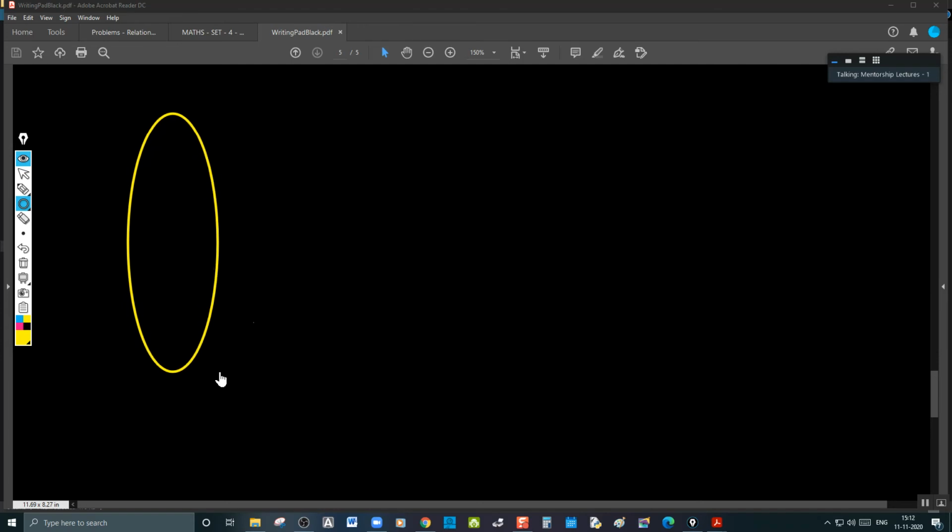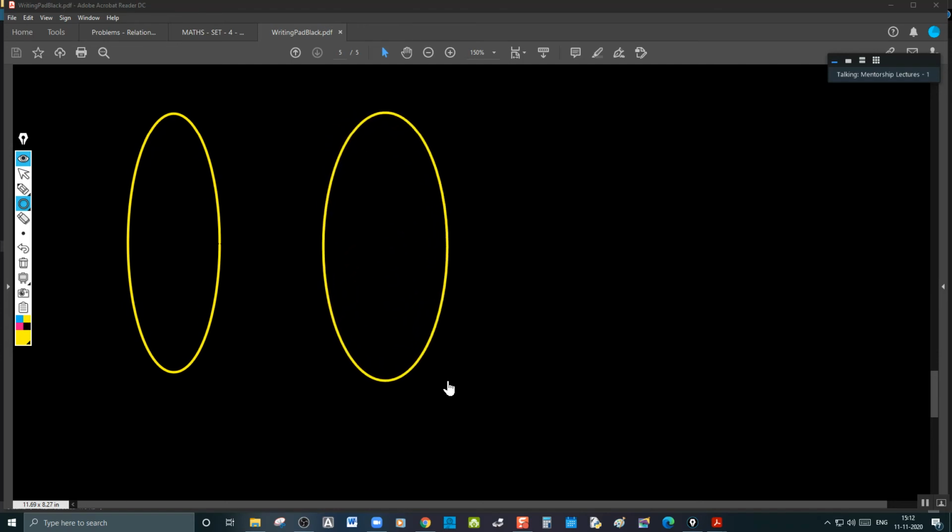The very next important topic is functions. The extension to relations is nothing but functions, or I can say the special case of a relation is a function. Now, sets are shown through Venn diagrams like this. This is A, B, C, and this is 1, 2.